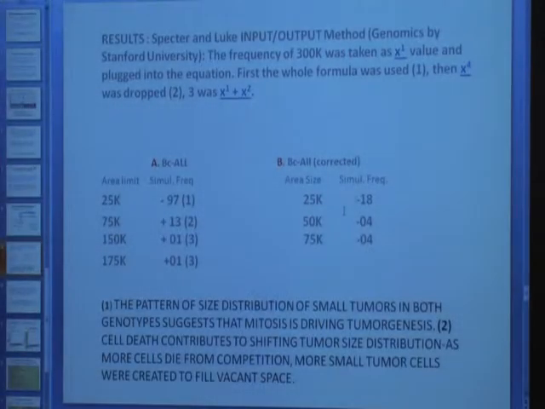This one doesn't miss as much, and it does come close. So you can take a 300 micrometer tumor size of BC and plug the frequency observed for that tumor into your equation, and it gives you a frequency pretty close.